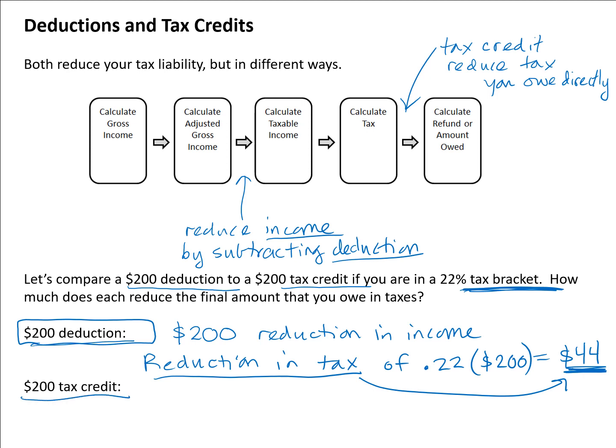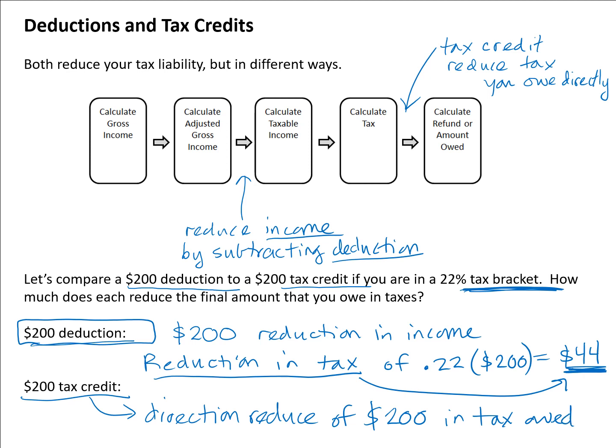A tax credit, though, is a direct reduction of $200 in taxes. So we actually get $200 taken off our tax bill directly when we have a tax credit. Whereas with a $200 tax deduction, we get $44 removed off our taxes.